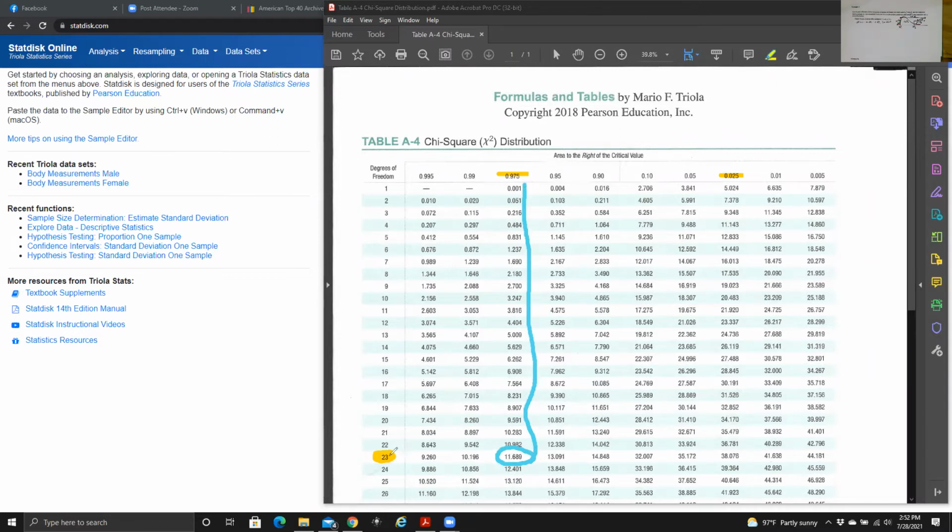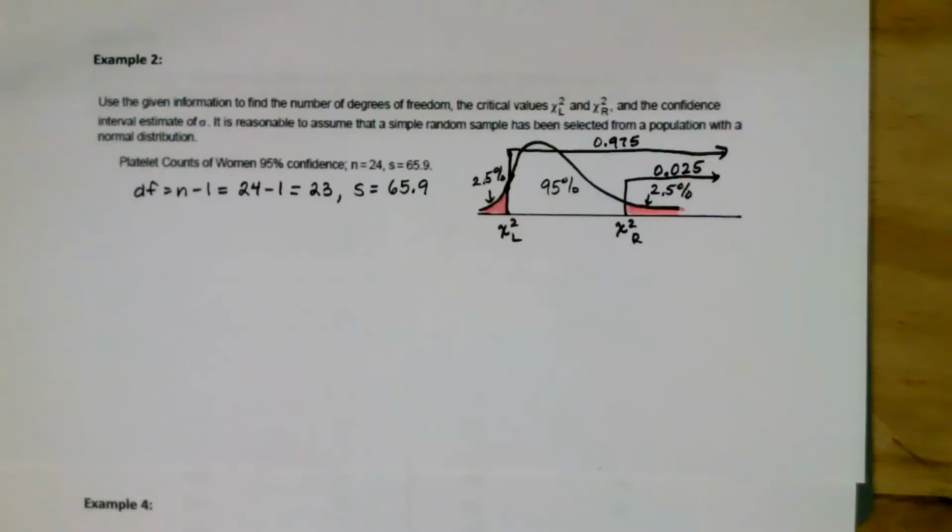And for the chi-square value on the right, I still had 23 degrees of freedom, but the area to the right was 0.025. If I go down and to the right, this would be my chi-square critical value, 38.076. Okay. So let's go back here.